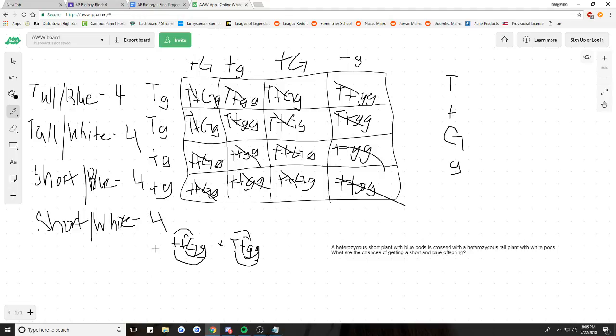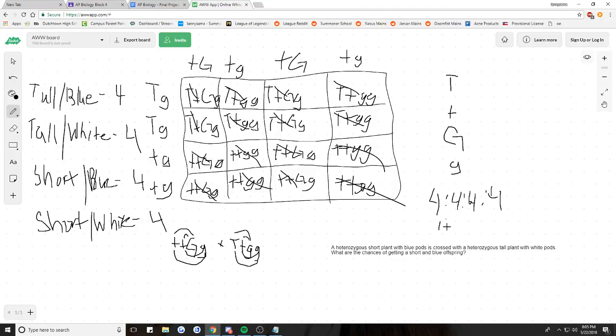And now that you have all your possibilities of the phenotypes labeled out, you can now answer your question. And the question was, what are the chances of getting a short and blue offspring? Now, first you should understand that since all of them are 4, it would essentially be a 4 to 4 to 4 to 4 ratio.